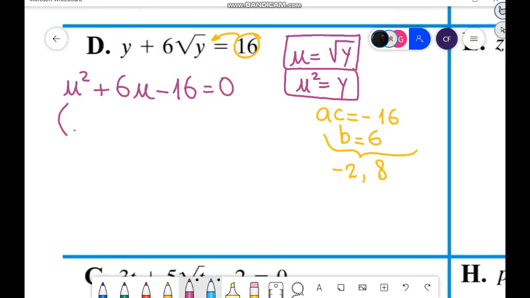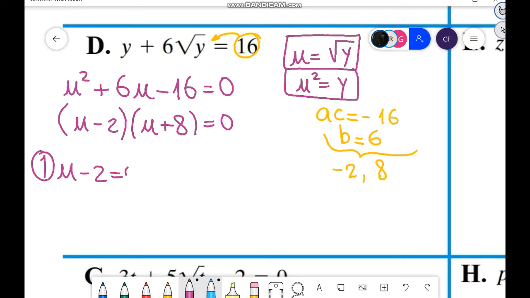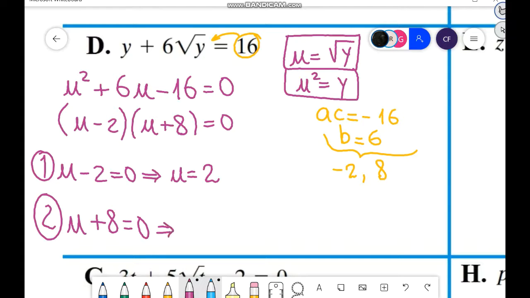That means we can factor this as u minus 2 times u plus 8 equals 0. The first solution is from u minus 2 equals 0, so u equals 2. The second solution, u plus 8 equals 0, means u equals negative 8.